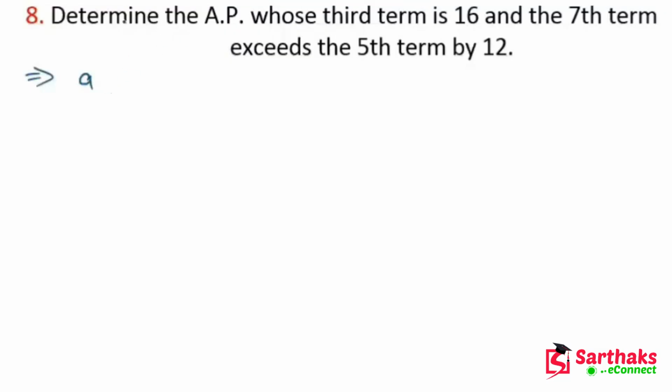We have to determine the AP whose third term, A3, is 16, and the seventh term, A7, exceeds the fifth term by 12. Means A7 is equal to A5 plus 12.